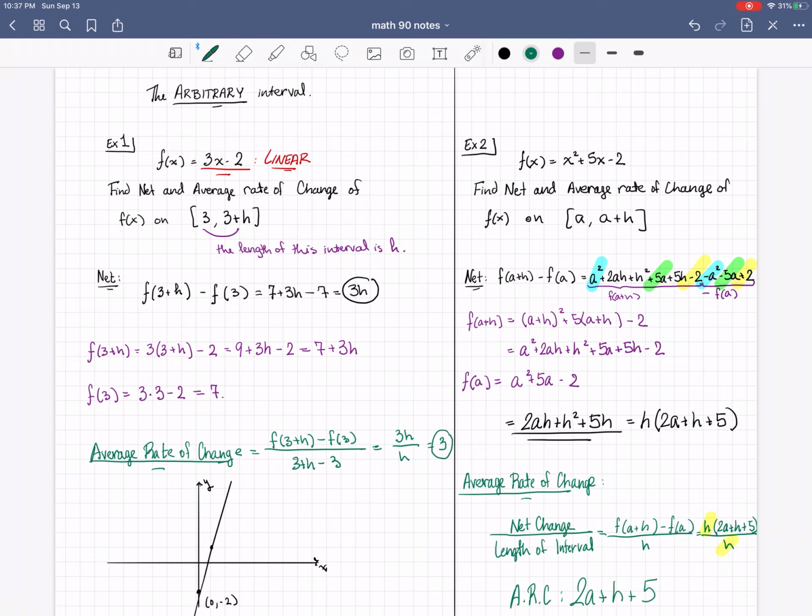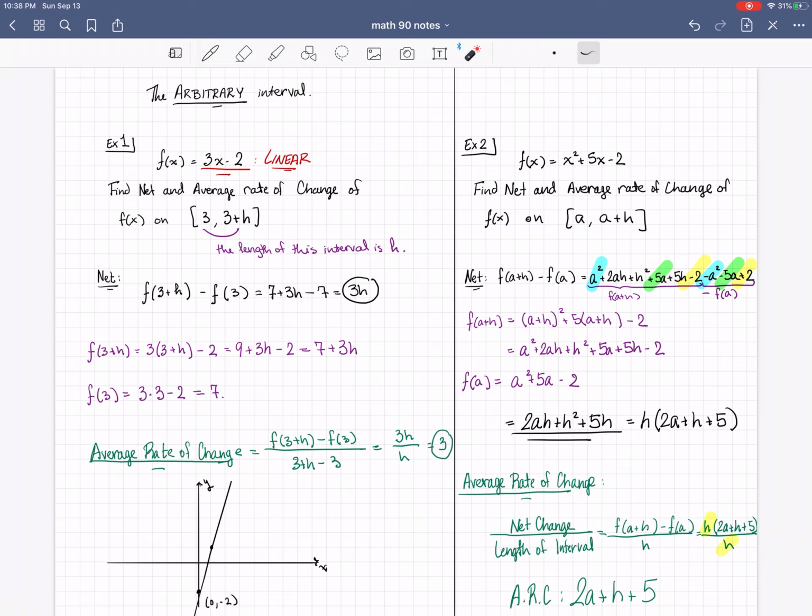Whereas the second example is nonlinear, and sure enough, depending on what interval you pick, depending on where you start and how long it is, the average rate of change is going to be different. So notice that the average rate of change for a nonlinear function is dependent on both the starting point and the length of the interval.